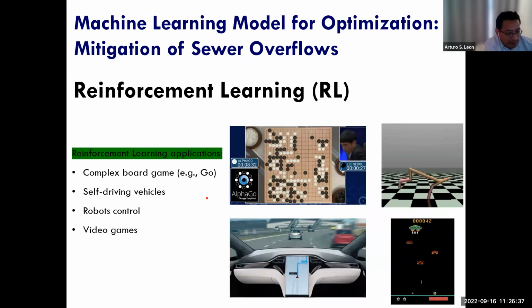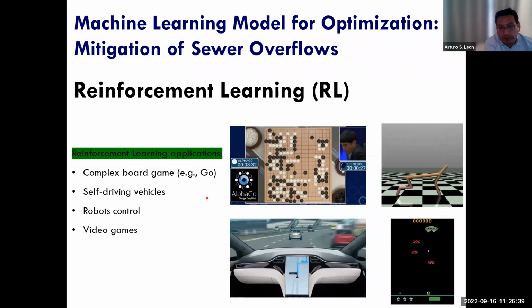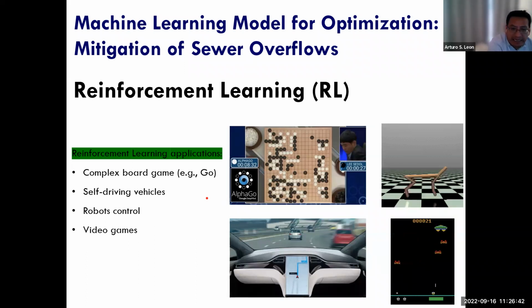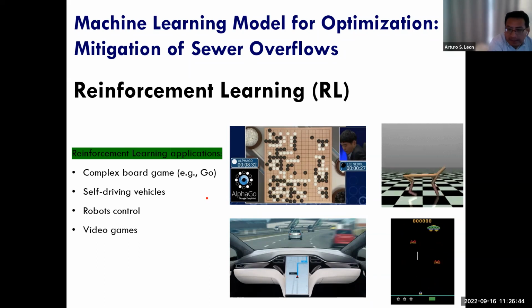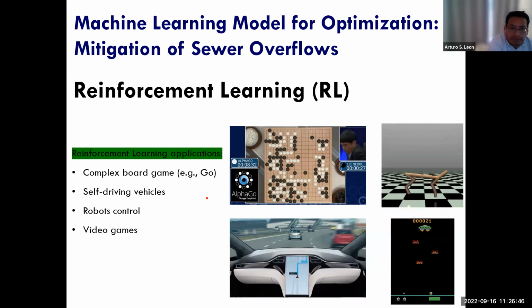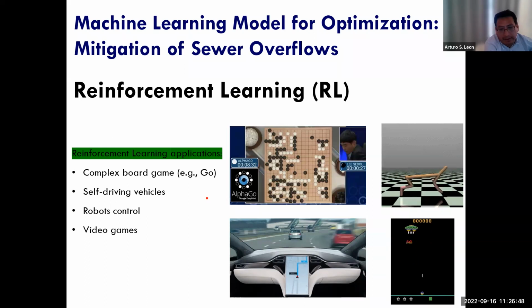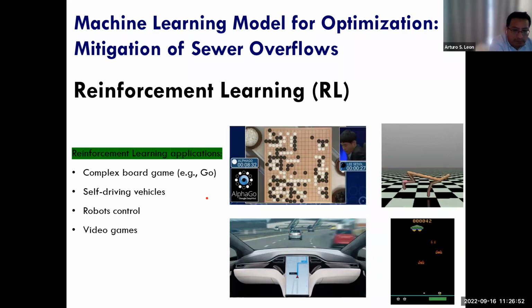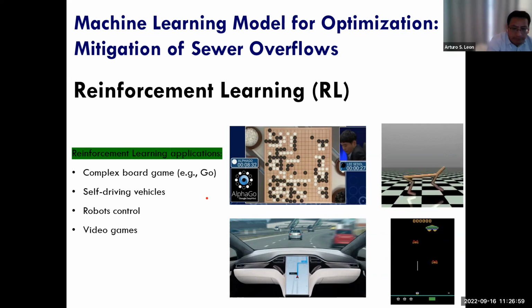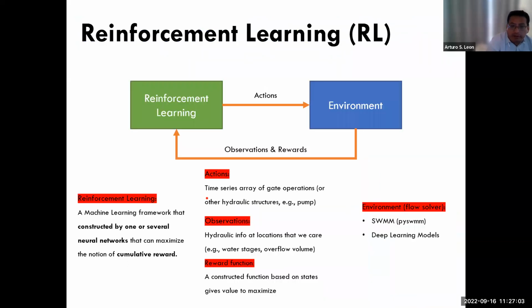However, for practical purposes, you need to get a solution basically in real time. So we have used the concept of reinforcement learning, which is used for board games, self-driving vehicles, robot control, and so on. We applied it to sewer overflows.